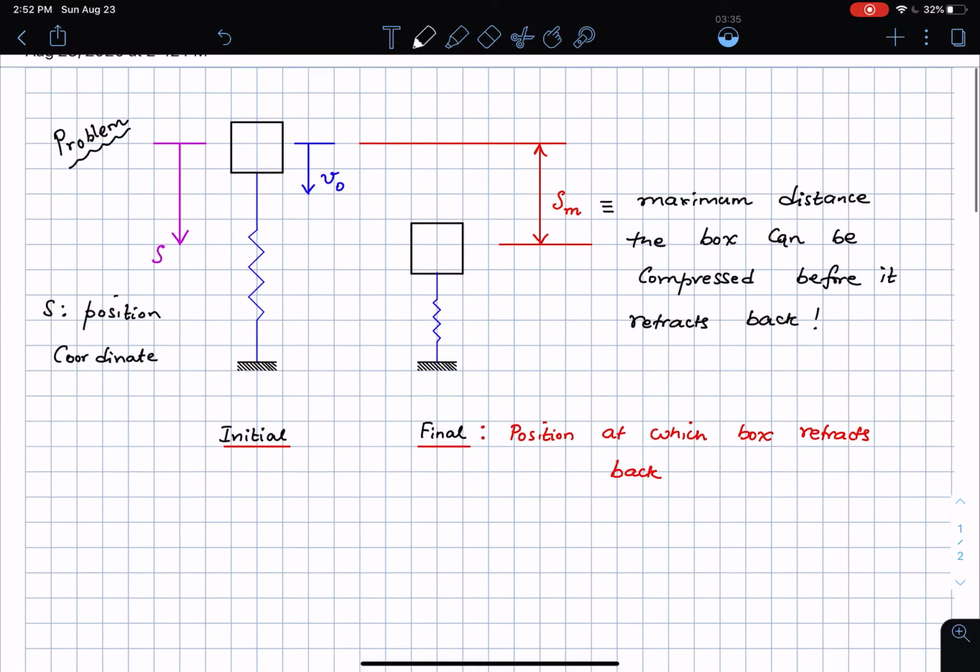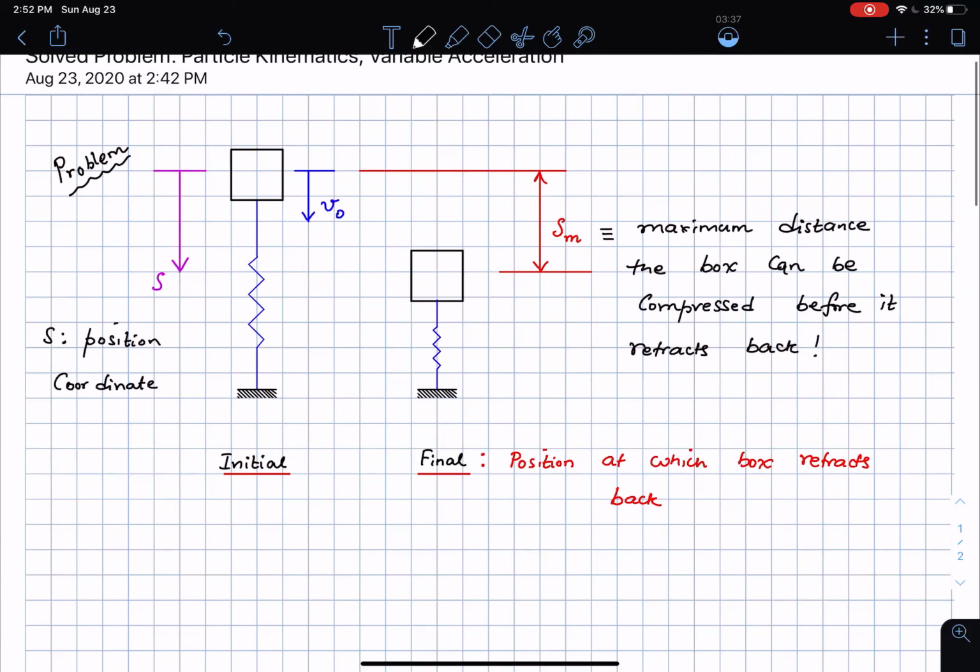And we are told that in this problem the acceleration is a function of s. So we are given that acceleration a is a function of s, and the relationship is g minus some c times s.